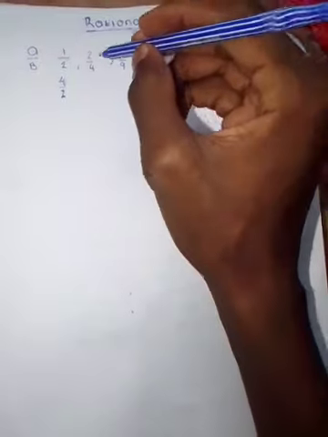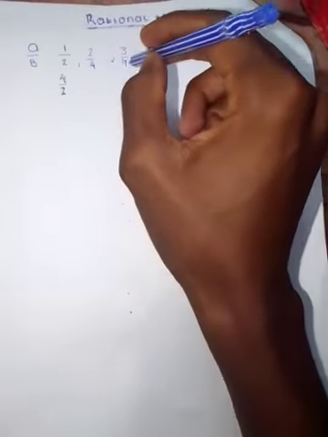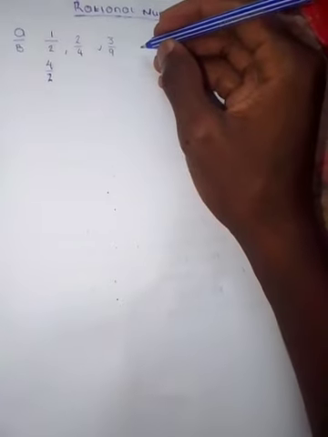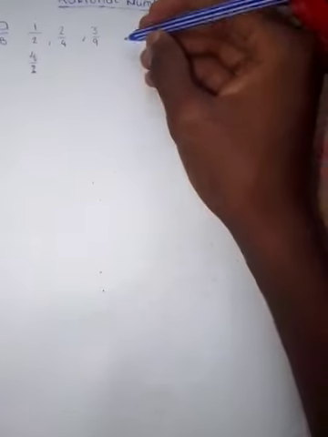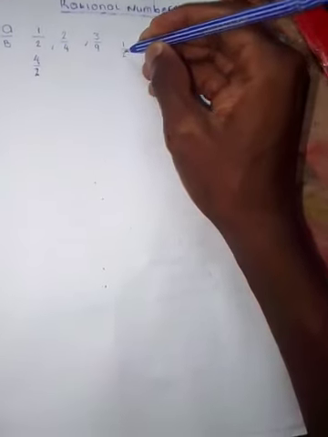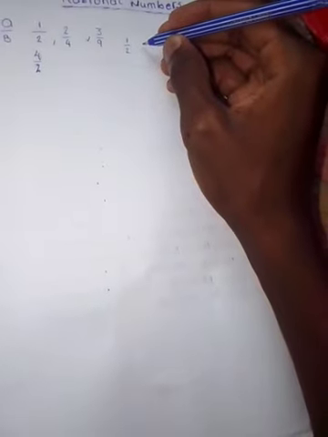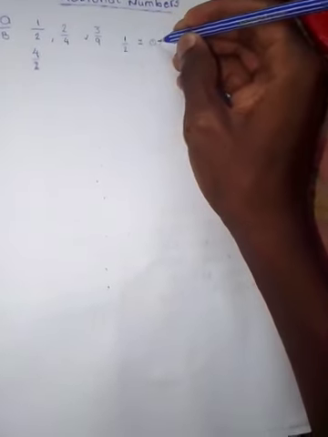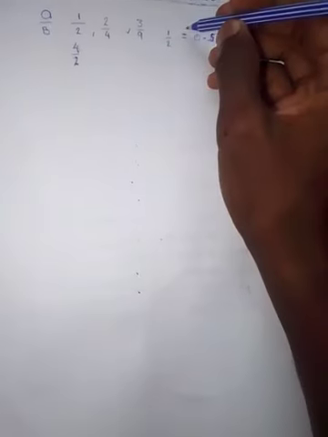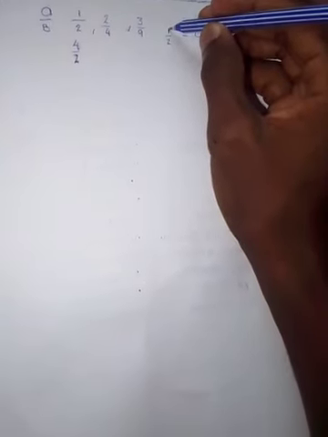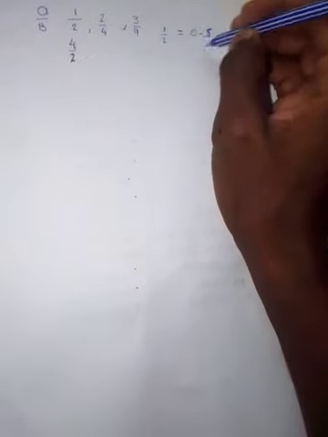Okay, so now these rational numbers, when they are in fraction form, can be further simplified into a number having decimals. For instance, 1 over 2 can further be simplified to 0.5. So you can either represent the number in this format or in this format.